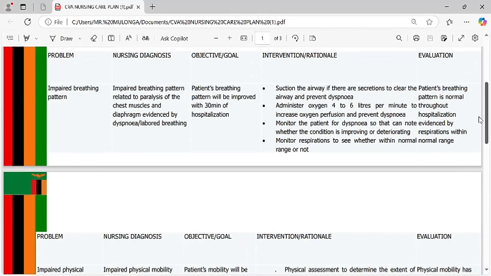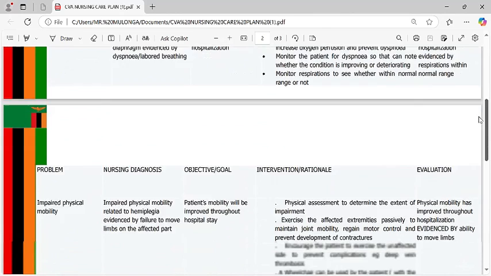The key is to make sure that this patient is breathing properly. Where we have said throughout hospitalization, we can just say the patient's breathing pattern is normal after the 30 minutes of hospitalization. Even saying throughout hospitalization is okay, but don't forget to put the evidenced by.